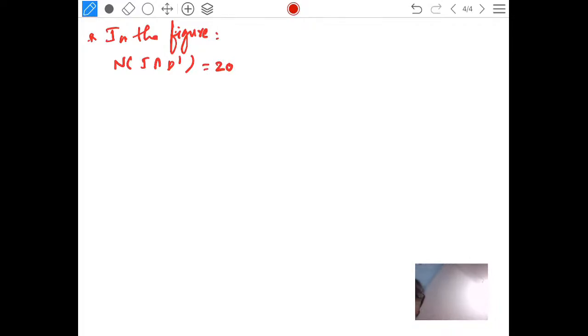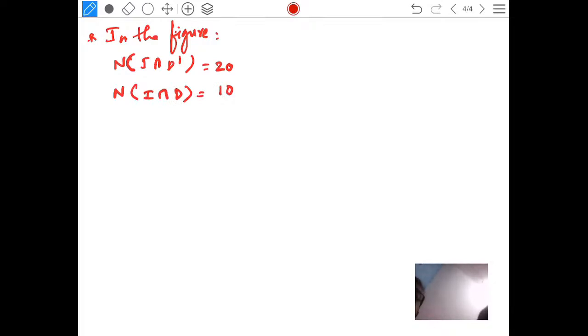Then n of I intersection D complement equals 20. Then n of I intersection D is equal to 10.